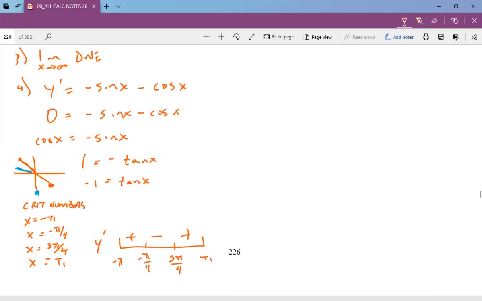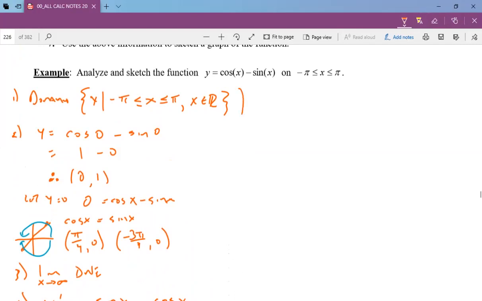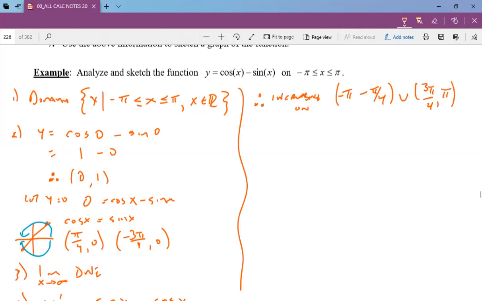So therefore, and let's go back up where we have some more room. So therefore, increasing from negative pi to negative pi over 4, along with 3 pi quarters to pi.